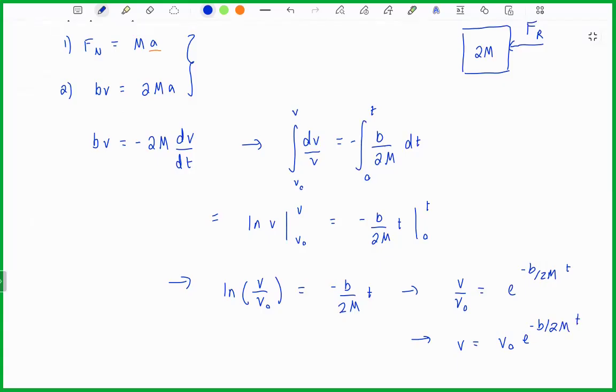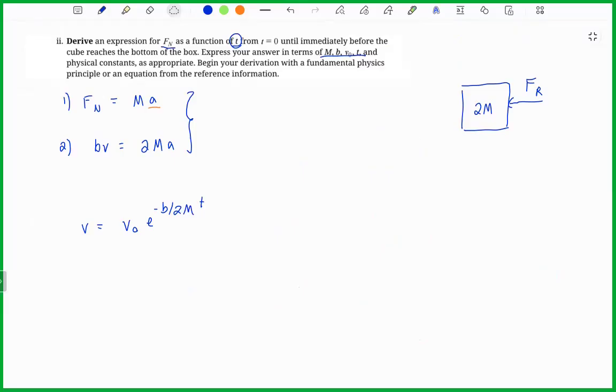Definitely take a moment to pause the video, make sure you understand this derivation for separation of variables before I go ahead and erase it. Okay, so now we know what our velocity is. And so we can solve for our acceleration as a function of time as well.